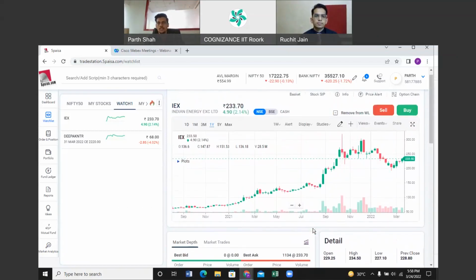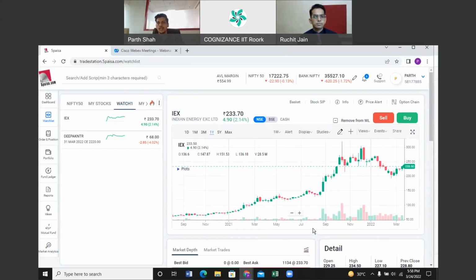So the stock market should be taken as a strategic investment opportunity, not a betting opportunity. So always keep this in your mind. This is a strategic asset class which you should invest into by taking the decision based on fundamentals and technicals.